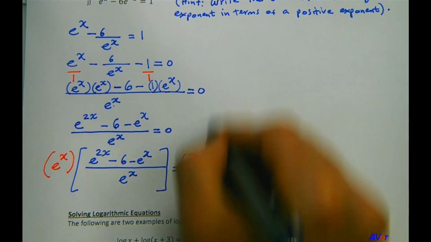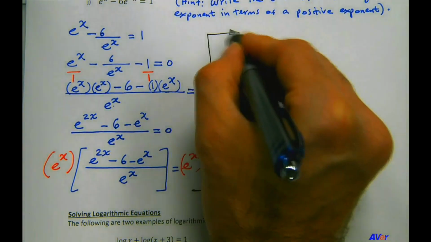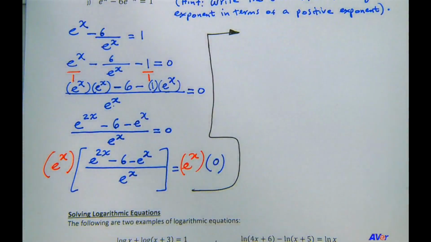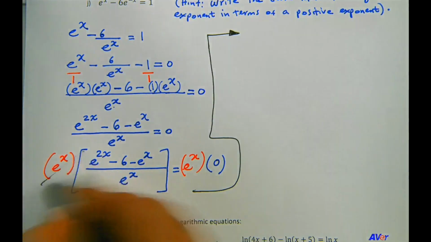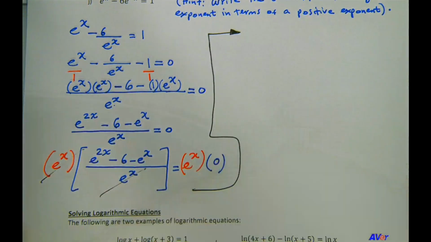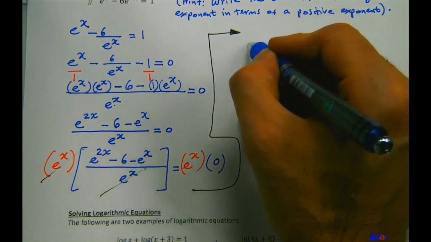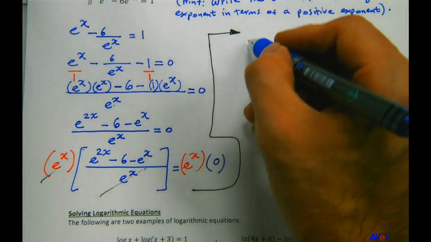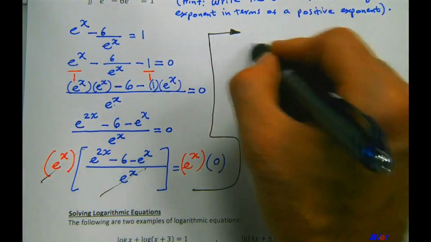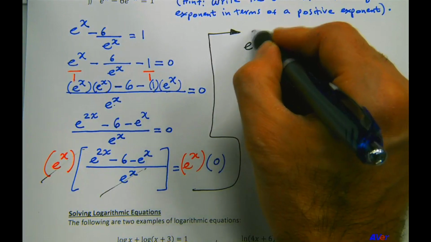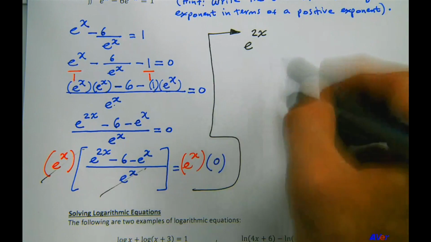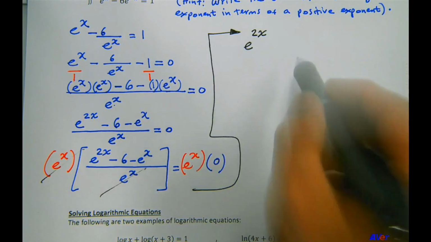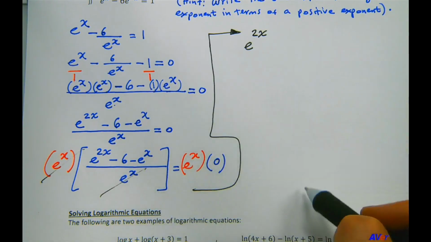All right, like this, like that, right? Okay, so let's simplify. On the left, e to the x and e to the x cancel each other out. We end up with e to the 2x. Let me rewrite this, and I want to save space because I might run out of space here.